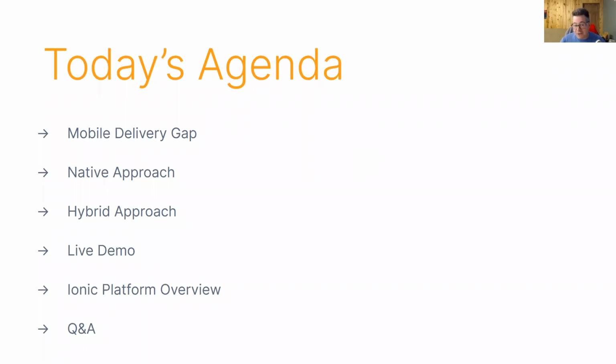Stay tuned for a live demo. I'm going to show off a lot of new features of the Ionic platform and just the hybrid app development approach in general. And kind of wrap things up with an overview of the platform and everything that we demoed. And of course, as Rachel said, leave your questions. We've got a live Q&A portion at the end, so please stick around for that and drop those into the chat widget at any time.